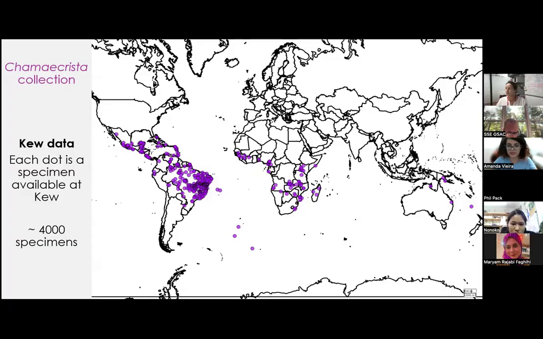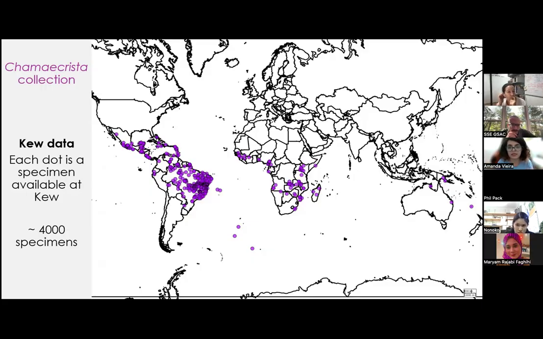So this clade is basically distributed in the neotropical areas, and I think that's why we have more data from the southern hemisphere. There are a few species that occur in the northern hemisphere. In the US, for instance, there are only 2 or 3 species. We don't have any Chamaecrista species in Europe.